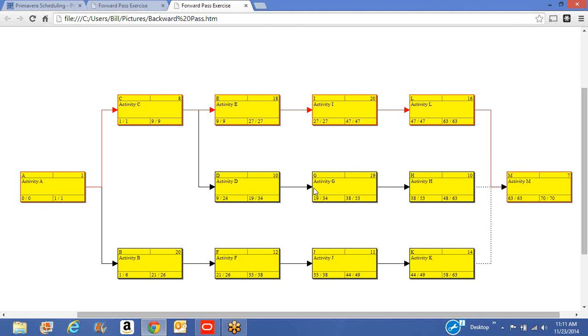So each activity has a float value, but it's determined by the calendar on that particular activity. So an activity with a 7-day calendar might have 7 days of float. An activity with a 5-day calendar could have 5 days of float. And essentially both of them have 1 week of float. It's just expressed in a different manner.